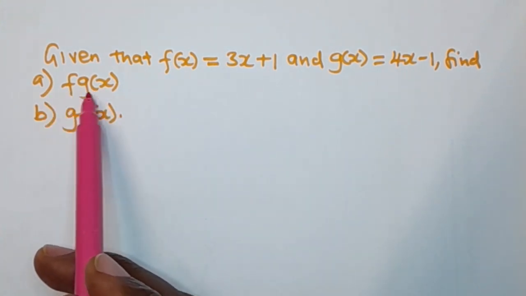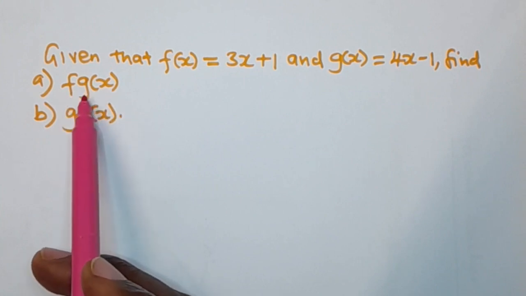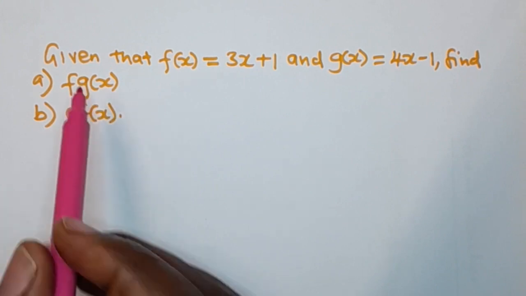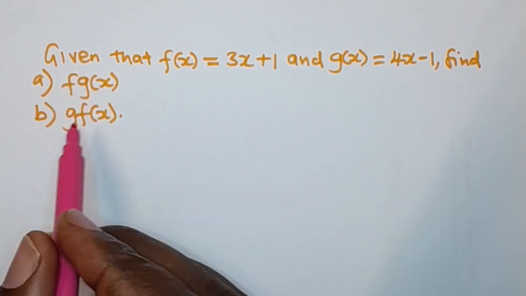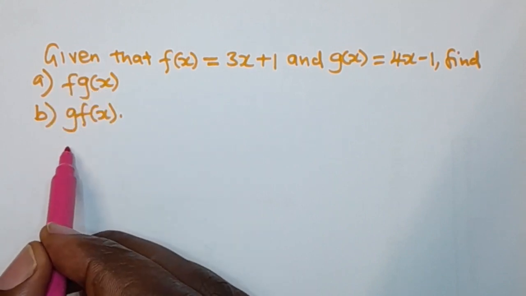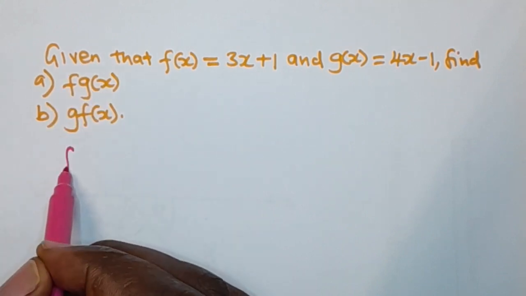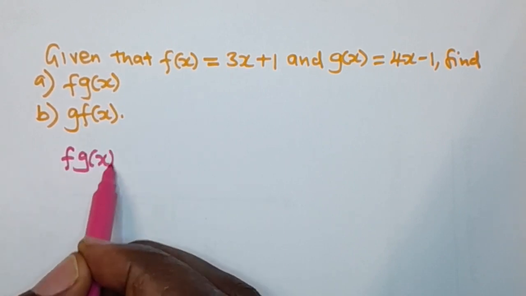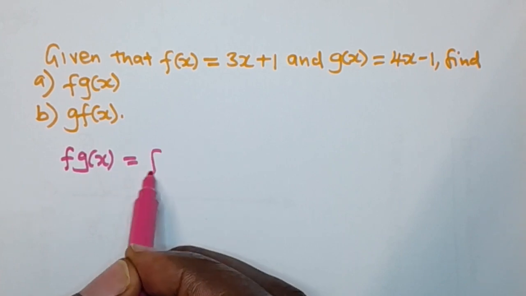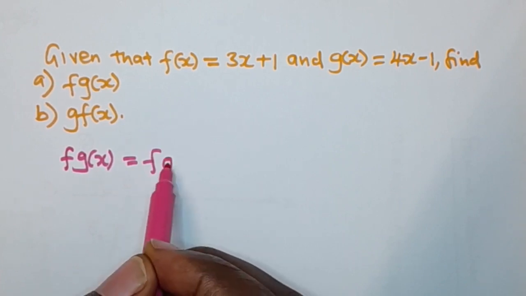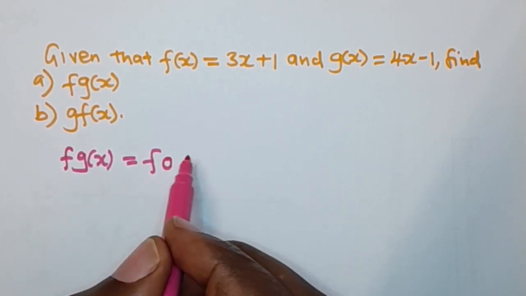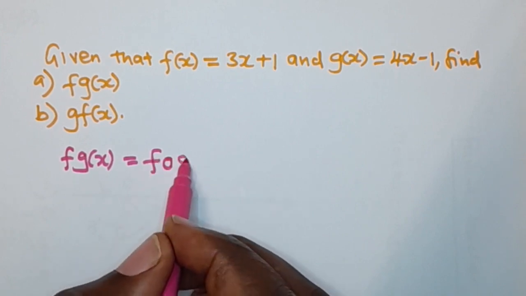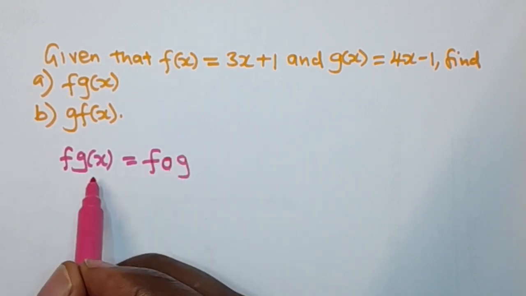So whenever you see such, it means function composition. Sometimes they can write f of g of x as f with a small o in between g of x. So this and this are the same.